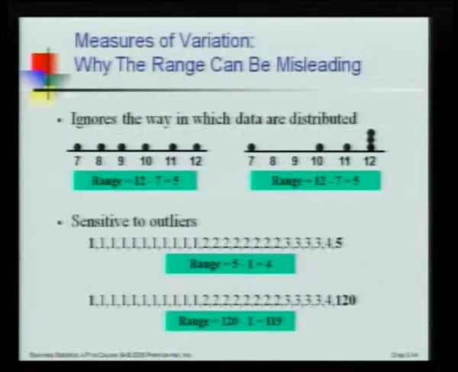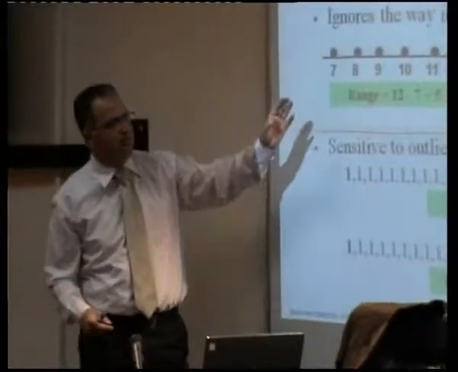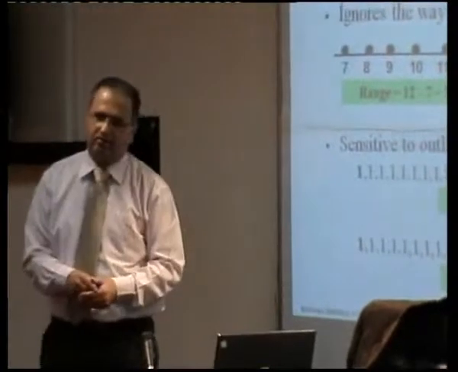For example, imagine if we have this systematic data, 7, 8, 9, 10, 11, 12. For this example, the range is the maximum minus minimum, which is 5. So the distance between the largest and the smallest is 5. For the other data, if you look carefully, we have a gap between 7 and 10.